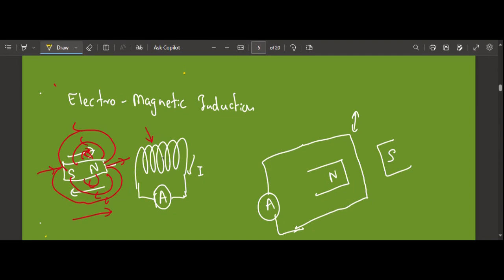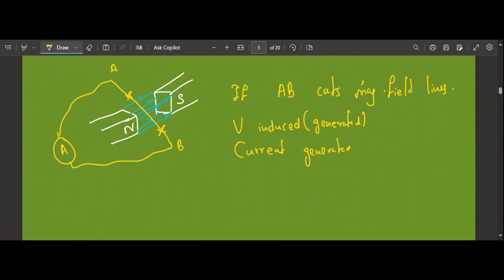Now remember, this cutting of the field lines is important. What is actually happening is that the magnetic field is changing. So when the magnetic field lines are cut by this wire, or whatever the conductor or the coil is, the magnetic field associated with the coil is changing.